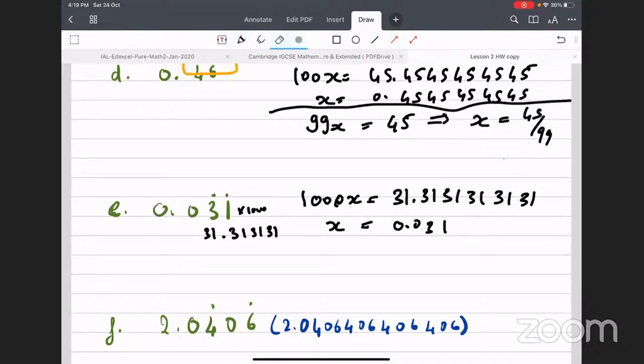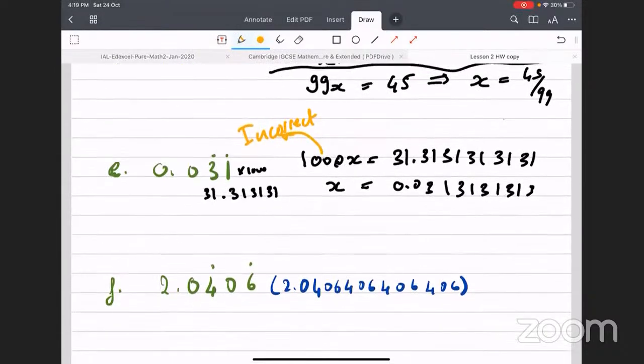This is not correct, right? So multiplying by 1,000 is incorrect. So let's multiply it by 100.